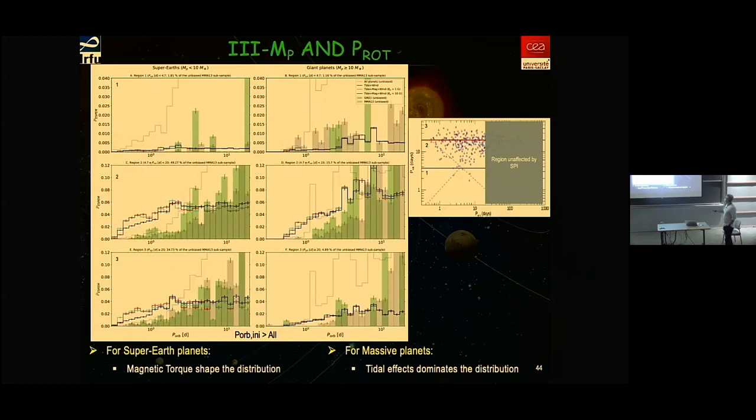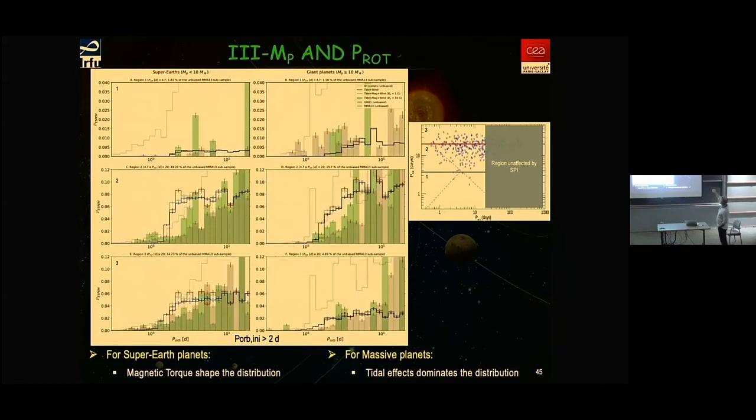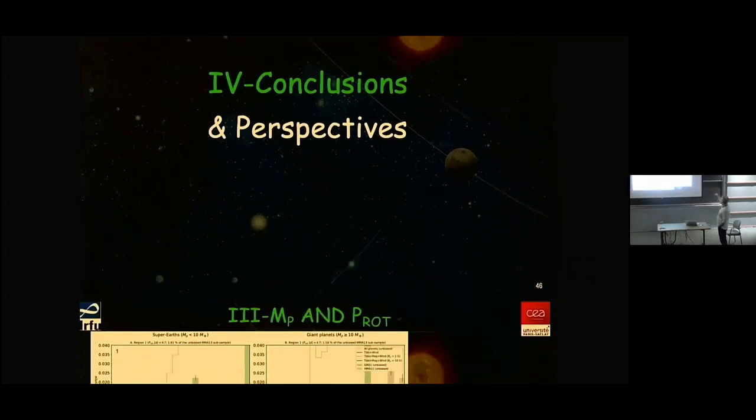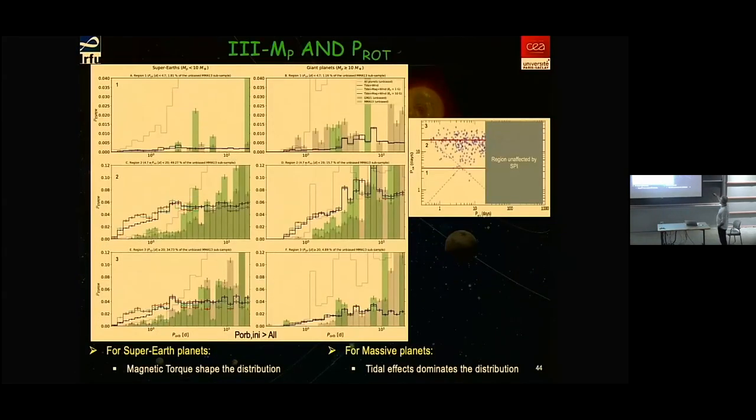And you see in the distribution that you're taking the same. Here you have the three on top of each other. So the magnetic torque is not doing any job there, different to the other ones. While here, the magnetic one is closer to the observed distribution.